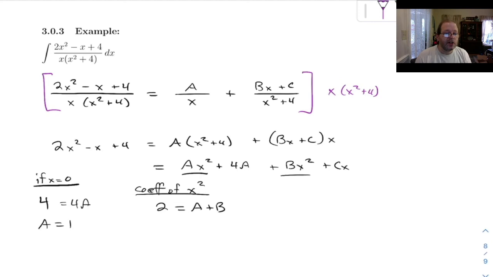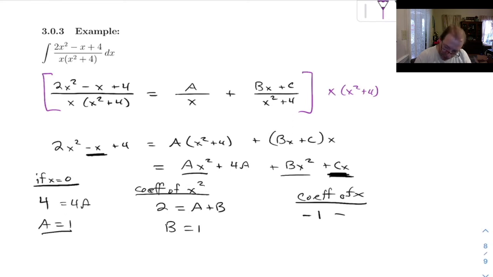So that immediately gives us, if a is 1, then b has got to be 1 as well. What's left? We've got to solve for c. C is here, so let's look at the coefficient of x. On this side it's -1, on this side it's c. So that gives us c equals -1.